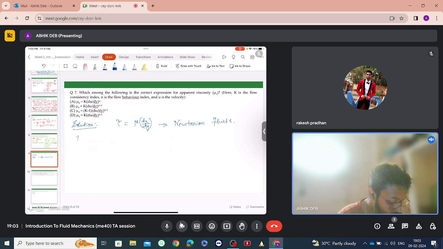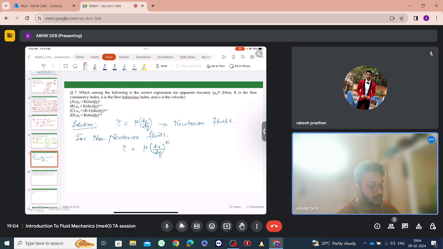For some fluids, which are called the non-Newtonian fluids, we get the shear stress in this form, du by dy to the power k, and there may or may not be an intercept here.